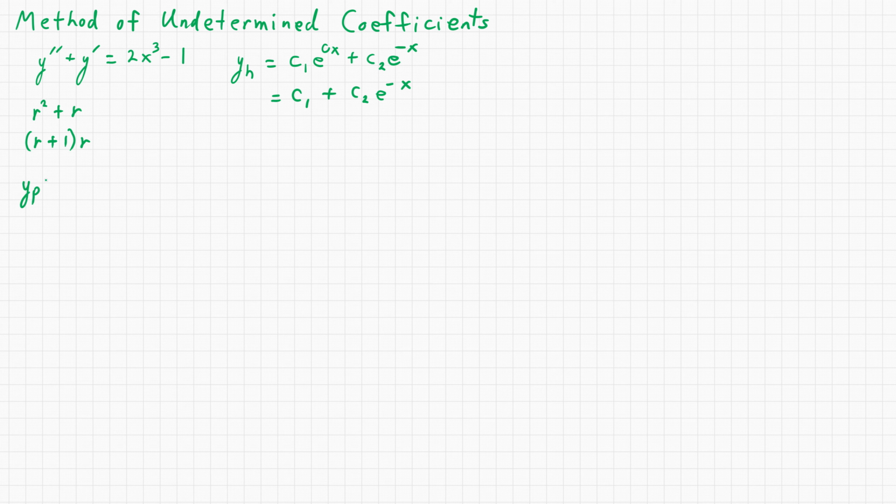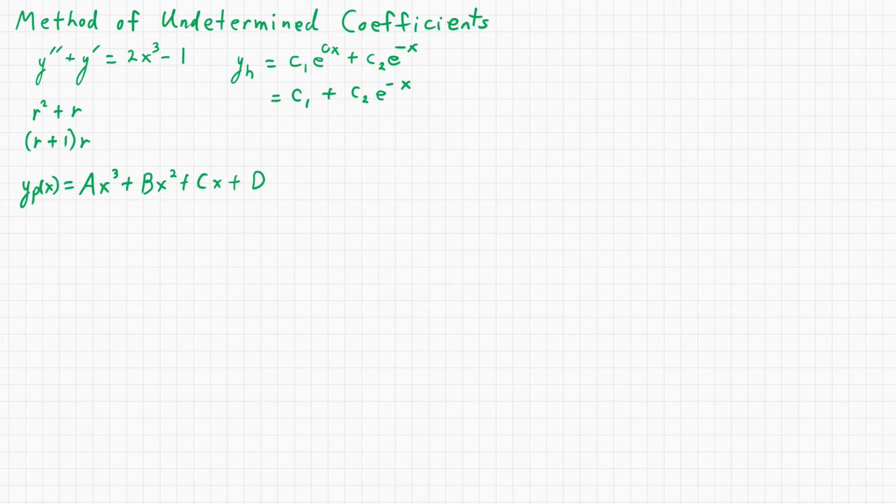So normally we have y particular of x is, okay, well, we have a third degree polynomial on the right. We're going to guess a third degree polynomial. So it's going to be ax cubed plus bx squared plus cx plus d. But there's a problem with that, right?